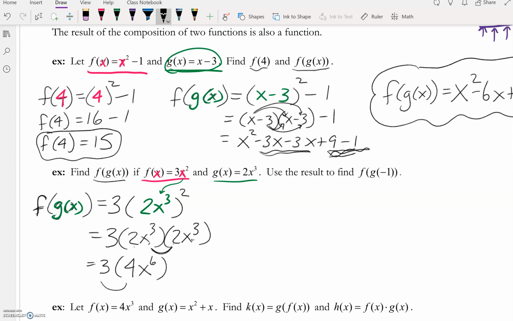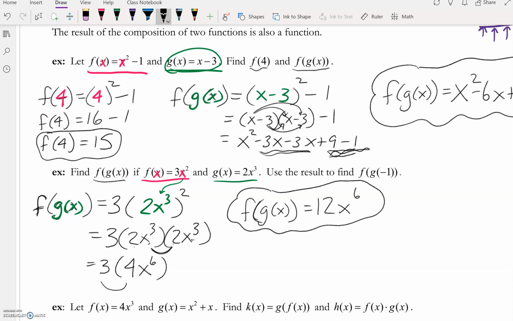Lastly, I'll multiply these two together. So f of g of x, all simplified, is going to equal 12x to the 6th, since 4 times 3 is 12. That's our first step there. It said find f of g of x, and now we're going to use this result to find f of g of negative 1.